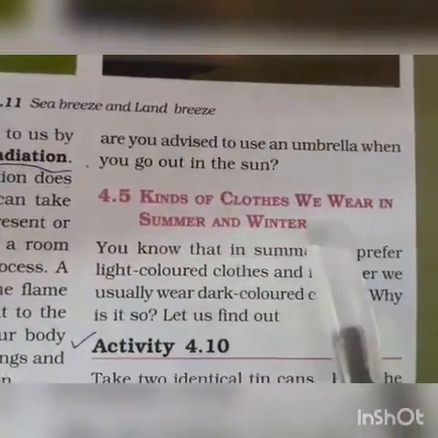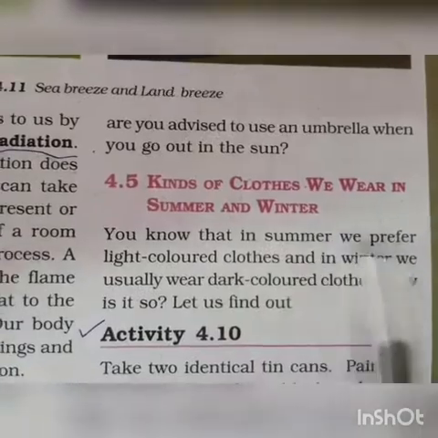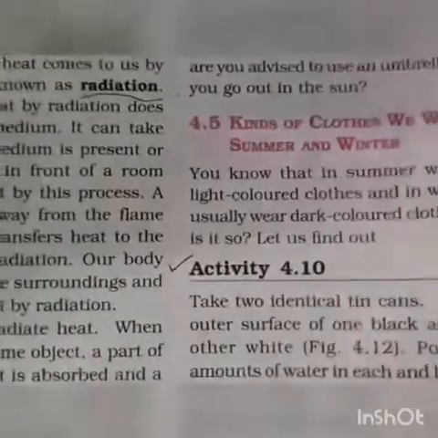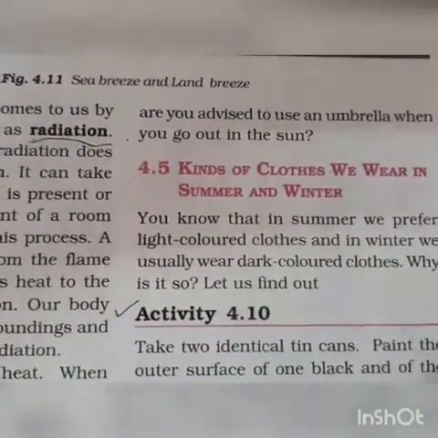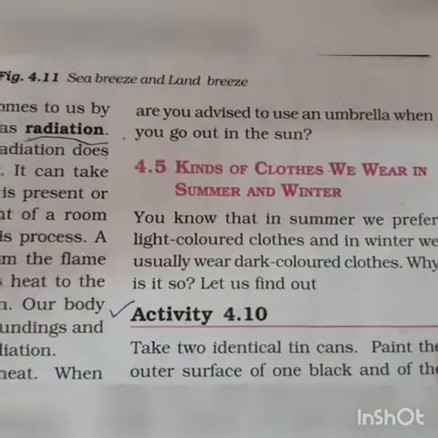Kinds of clothes we wear in summer and winter. We see, according to the season we wear different kinds of clothes. So why do we wear such kinds of clothes? In summer we wear light colored cotton clothes so that it keeps the temperature of our body low and keeps our body cool.